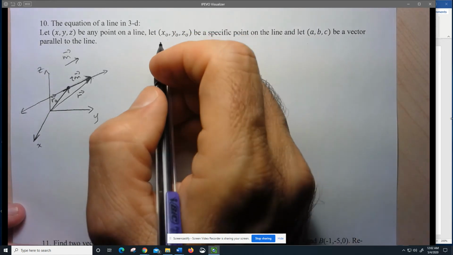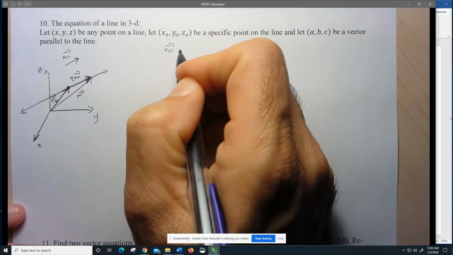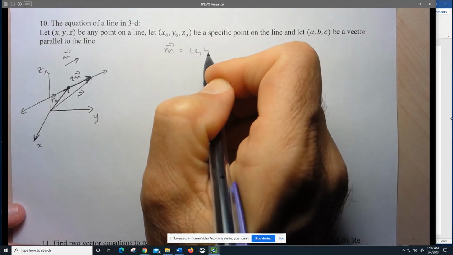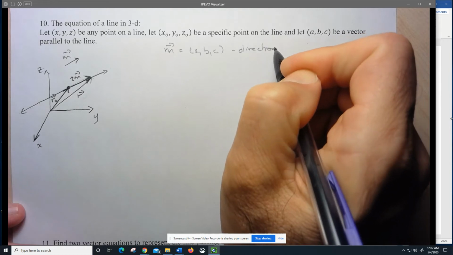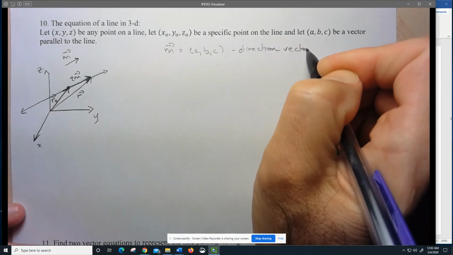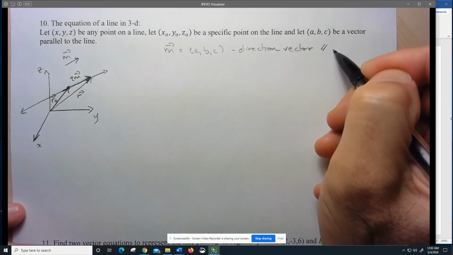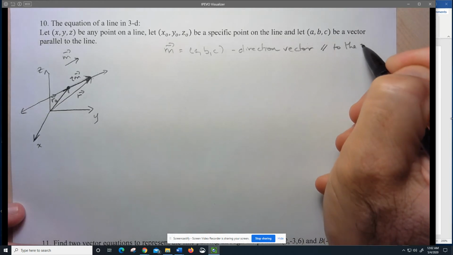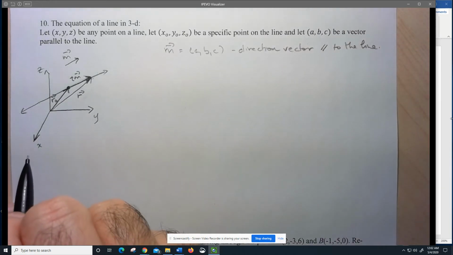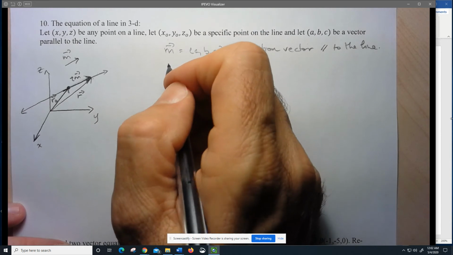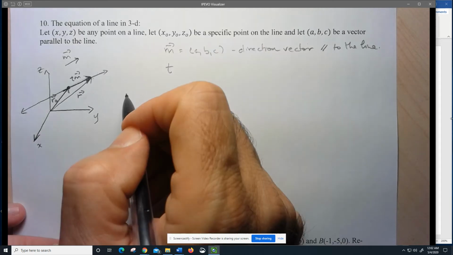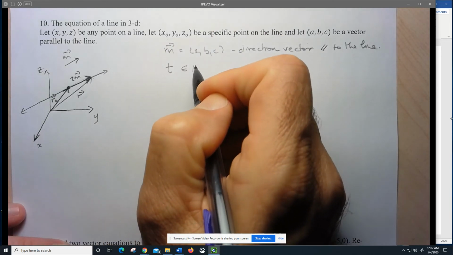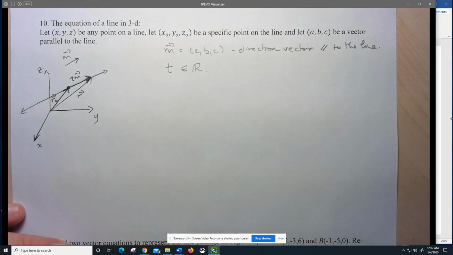So we've got m, which we're going to represent by a, b, c, as our direction vector. What's special about it is that it's parallel to the line. Then we've got our scalar multiples that we multiply to the direction vector; they can take on any real values.